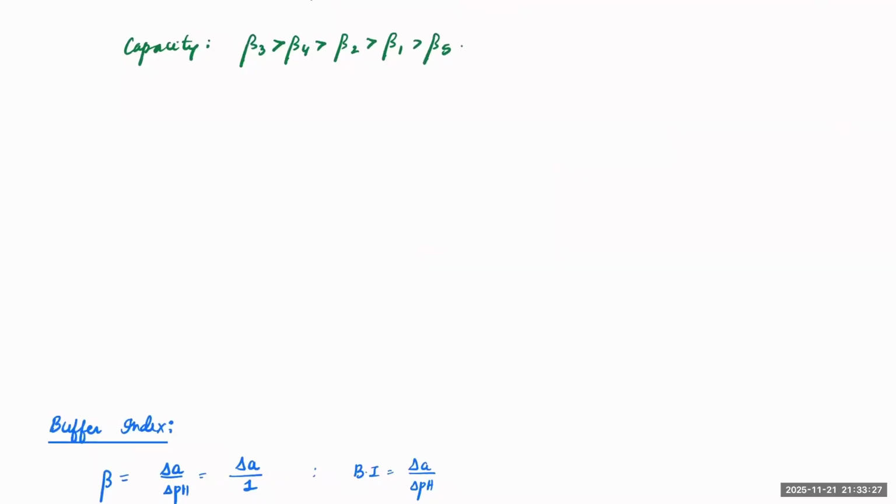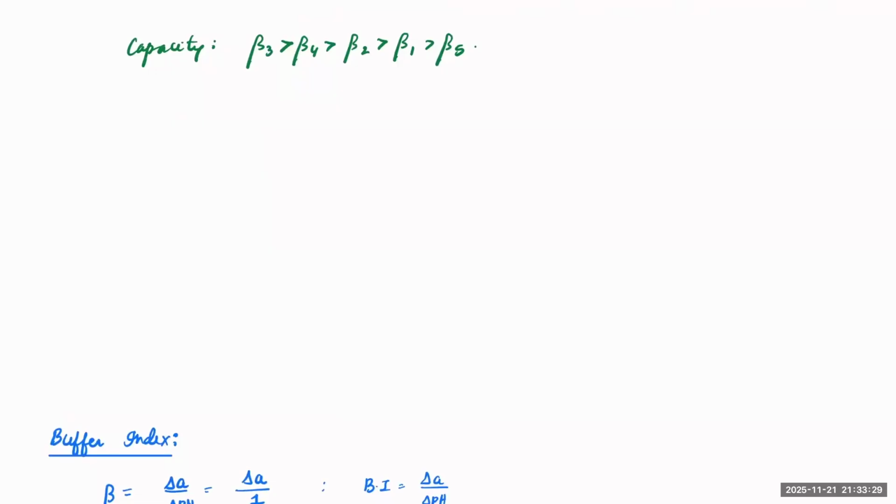See, what if I want to write delta pH, clear? Without any log approximations, I'll be writing this as 1 by 2.303 into ln 1 plus delta A by A minus ln 1 minus delta A by S.